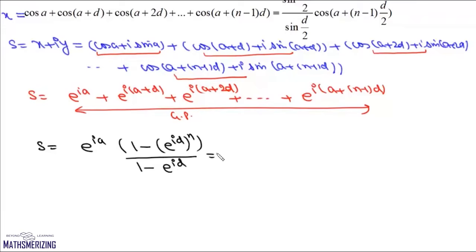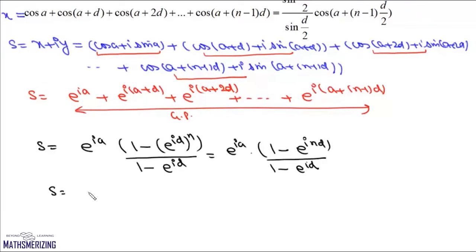Now we'll try and simplify this. This is e to the power iota a, and here we can write this as e to the power iota n d upon 1 minus e to the power iota d. Now again we'll change it in sine and cos.